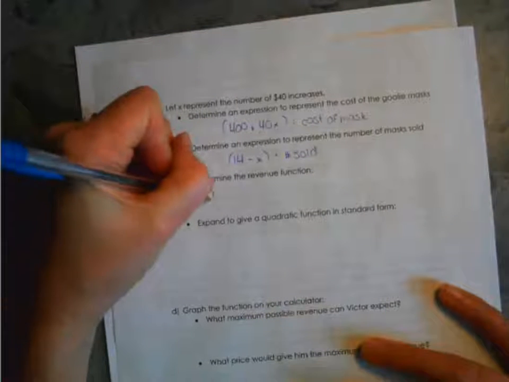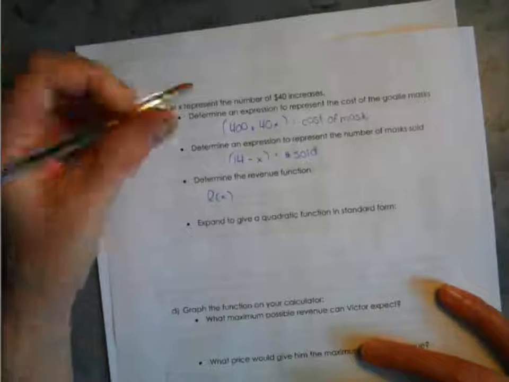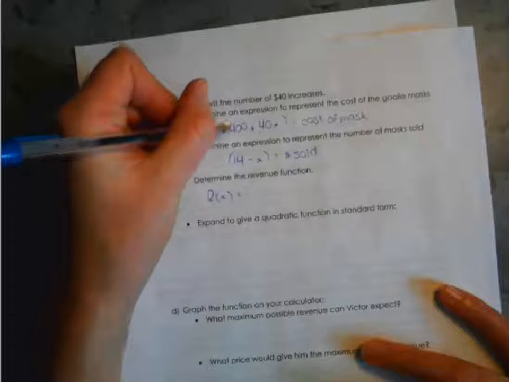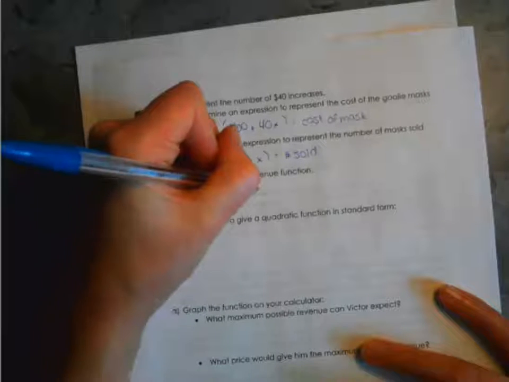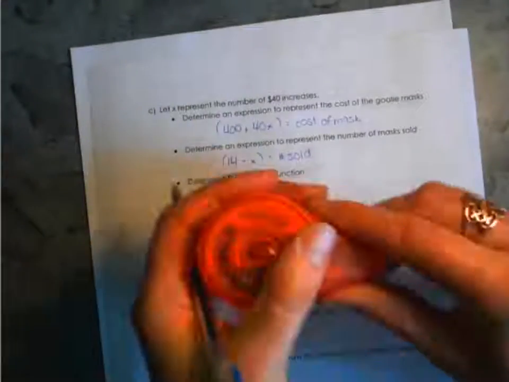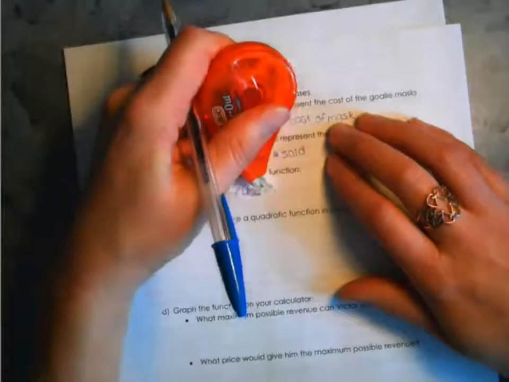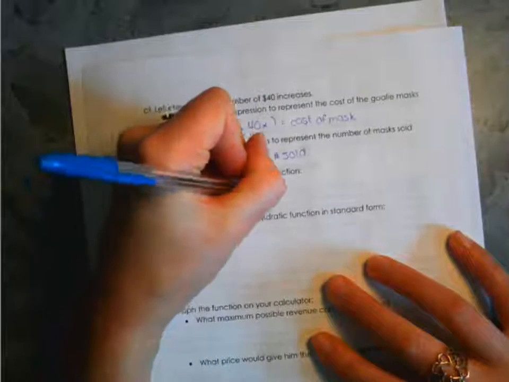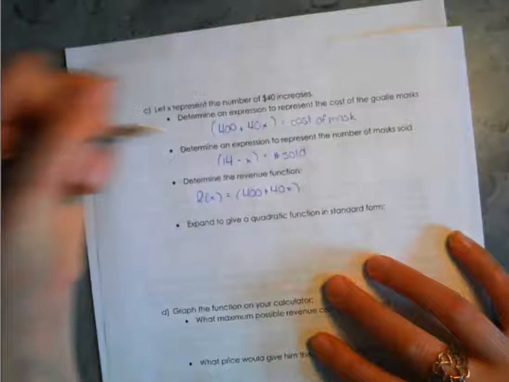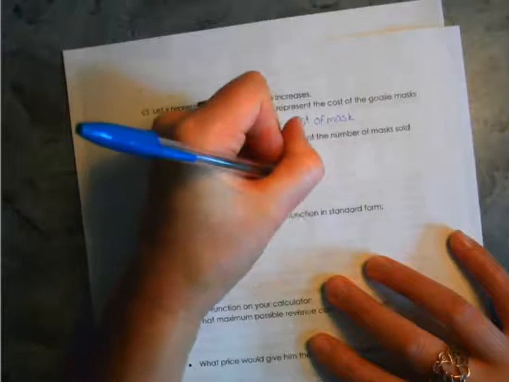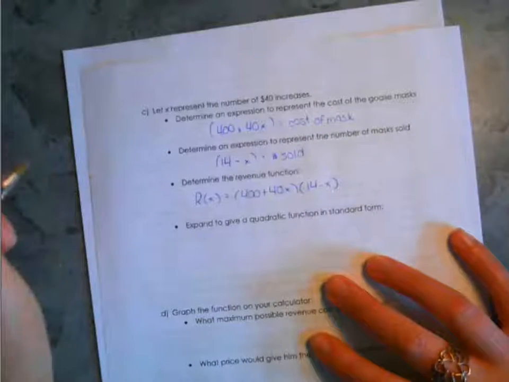So we can say that the revenue function, in a more specific manner than what we were given on the previous page, is going to be equal to the cost of the mask, 400 plus 40x, multiplied by the number sold, 14 minus x. So that's going to be our function.